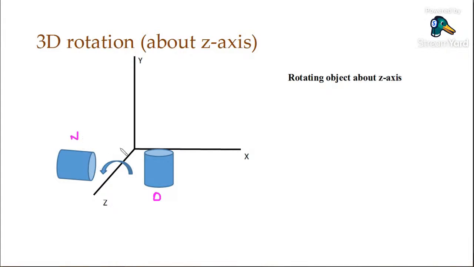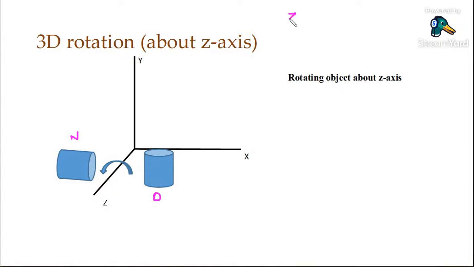Now in this case you will find that as it is rotating about the z-axis, this doesn't change any coordinates of z. It will not change any coordinates of z if you rotate. What it will do is change the coordinates of x and y. X and y will change.